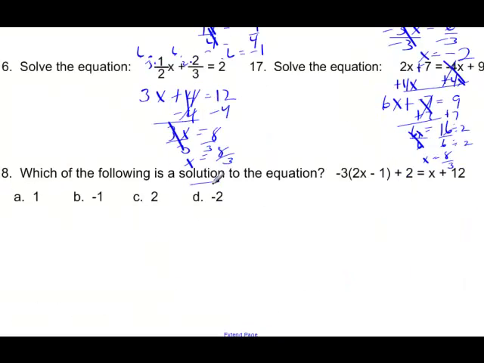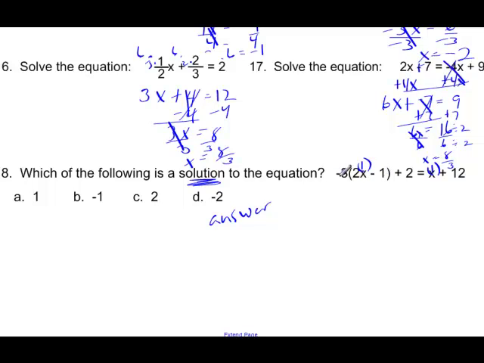Which of the following is a solution? Which means answer. So I can either take all of these and substitute them in here. Like this would be 1 and that would be a 1. 2 times 1 is? 2 minus 1 is? 1.